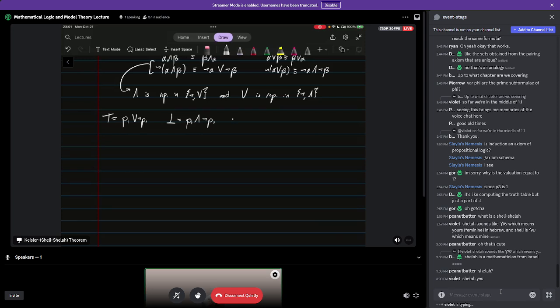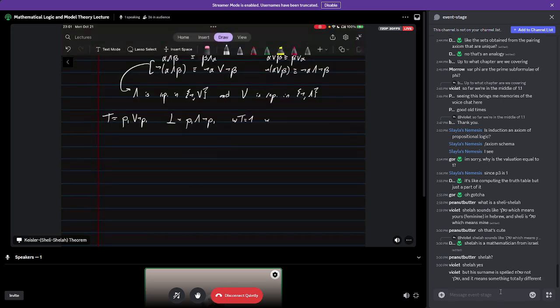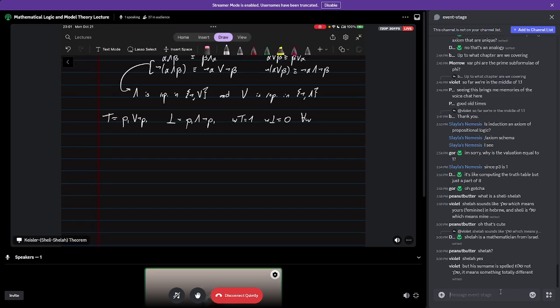So notice that WT is equal to 1 and W bot is equal to 0 for all W. So T represents truth and bot represents false. Sometimes we're also going to want T and bot, or perp, in our logical signature, but it doesn't really matter.